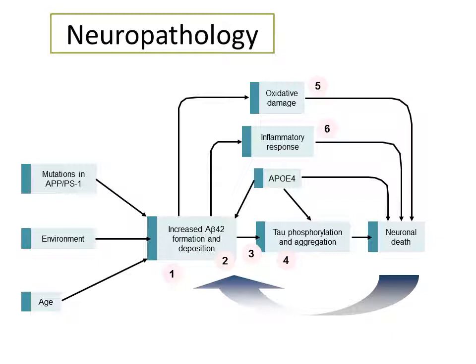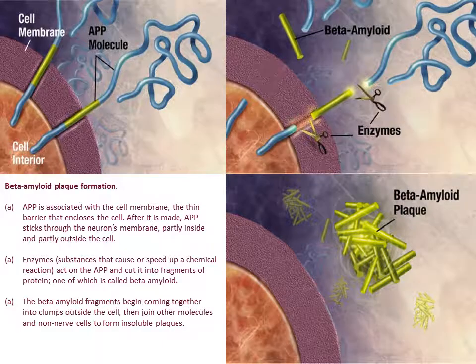ApoE epsilon 4 also leads to accumulation of the amyloid and tau phosphorylation and aggregation. Here is an image illustrating the beta amyloid and the problem with cleavage.